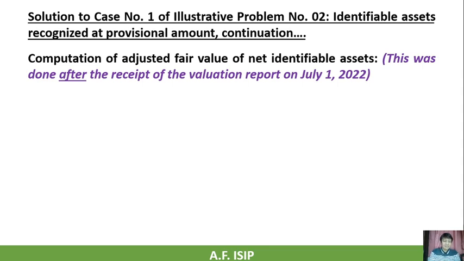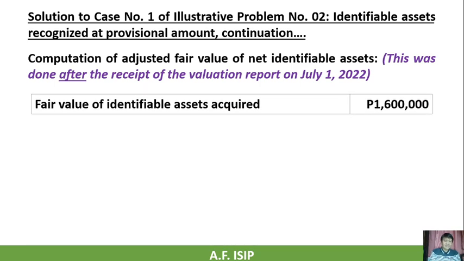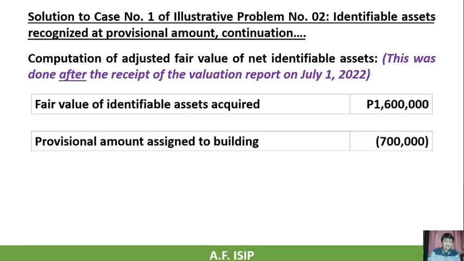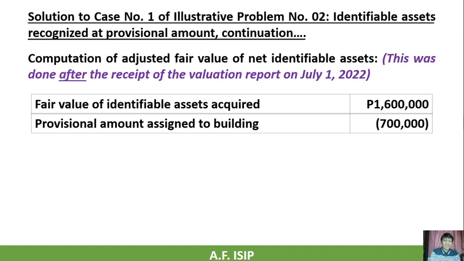So we have to make a computation for the adjusted fair value. So the fair value of identifiable assets acquired by Alona from Xenia is 1,600,000 pesos. The provisional amount assigned to the building is 700,000. We have to deduct 700,000. Why? Because that should be eliminated. It is not the correct amount.